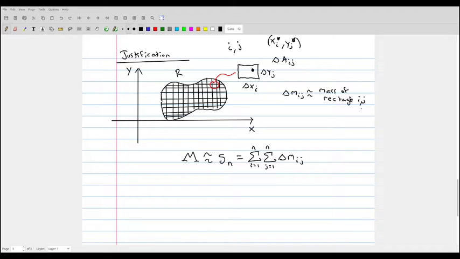So if we add up all of those delta Mij's, we're approximating the total mass of the region R. It's not exact, but it's an approximation.